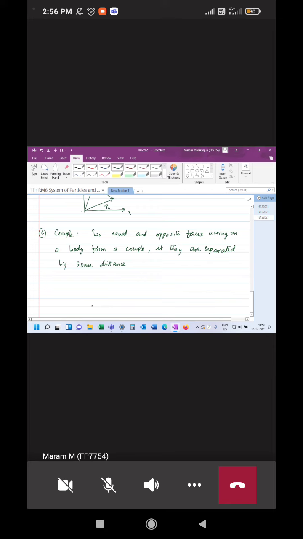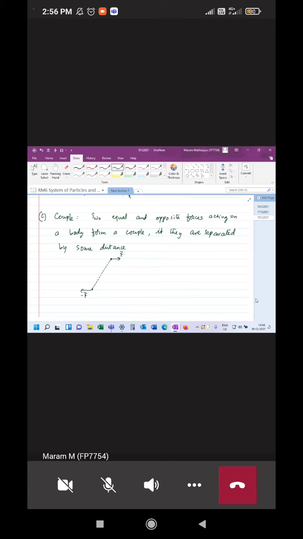Let us say you have one force here acting in this direction, F, and the other, minus F bar. So these two forces are acting at two points, equal and opposite. Their lines of action have some distance between them. When it is like that, then we call it a couple.